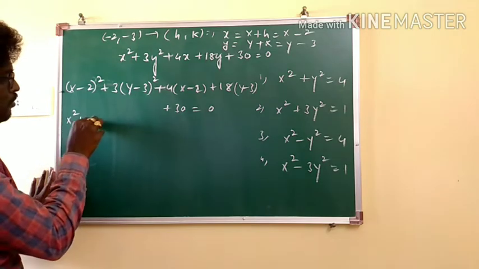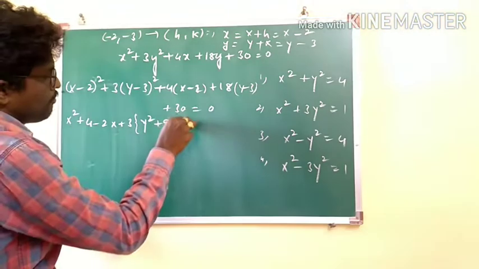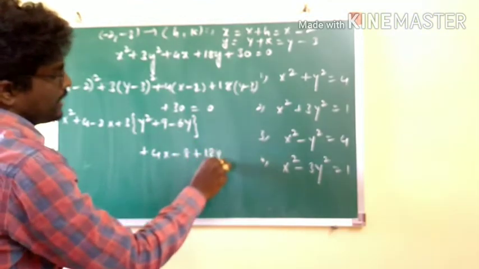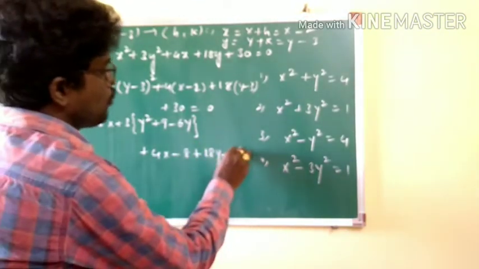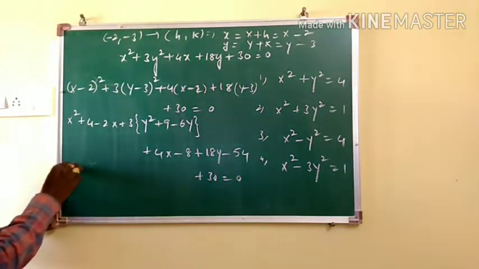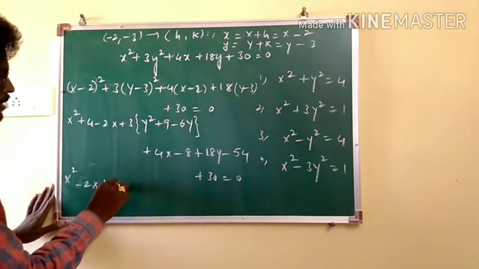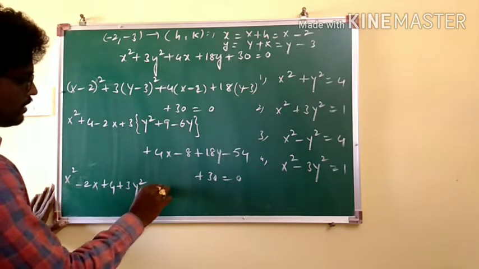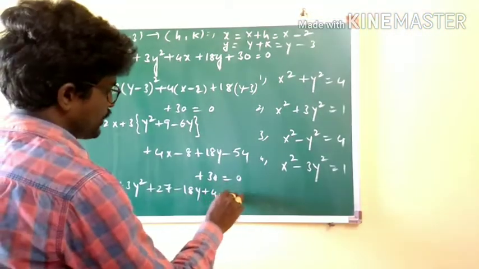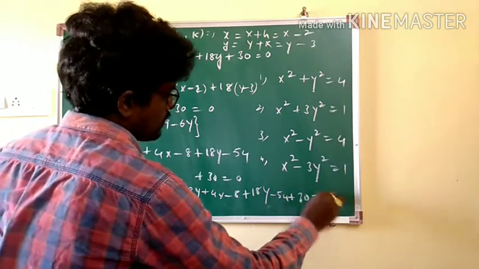X square plus 4 minus 4X plus 3 times Y square plus 9 minus 6Y plus 4X minus 8 plus 18Y minus 54 plus 30 is equal to 0. We have to simplify this.